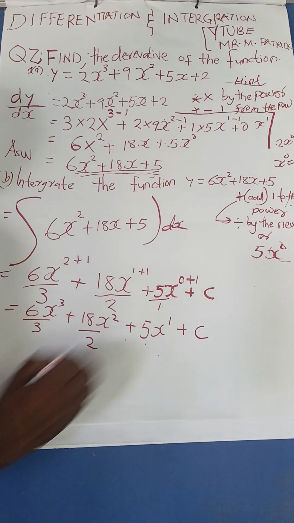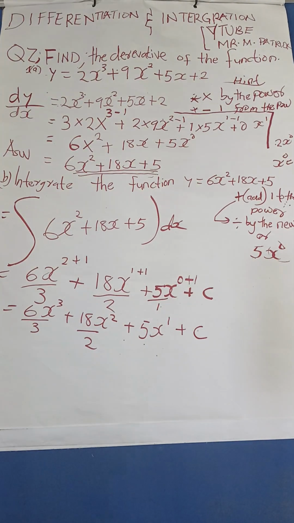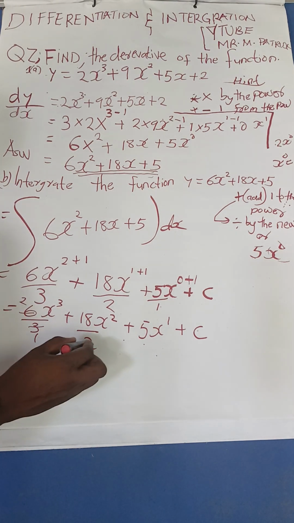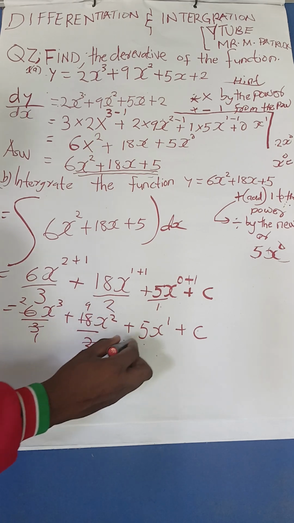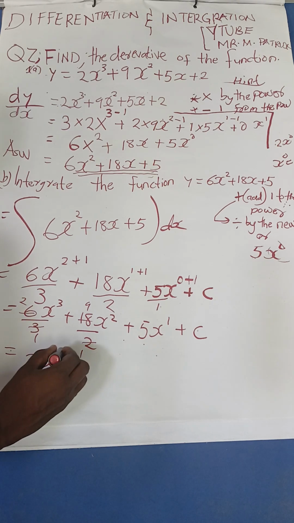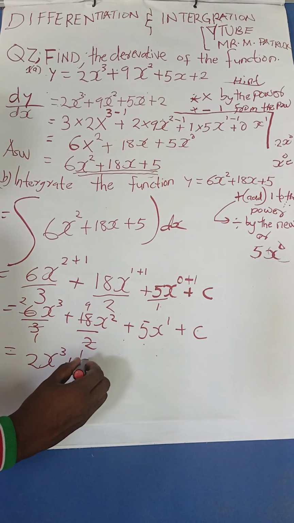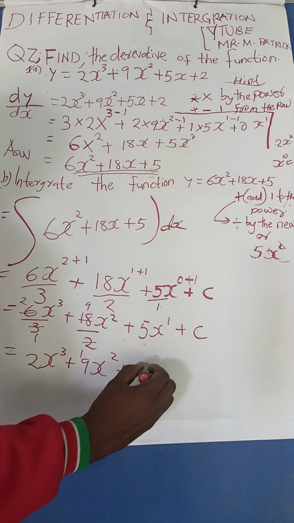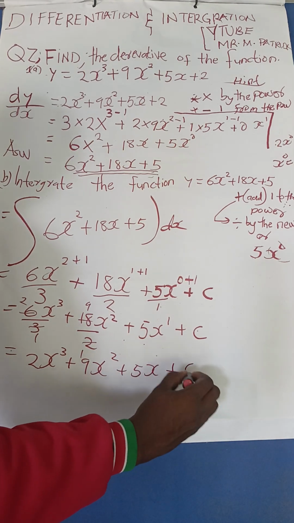Plus c. So you simplify further. It will be 2, 9, and 5 remains. So it will be now 2x cubed plus 9x squared plus 5x plus c.